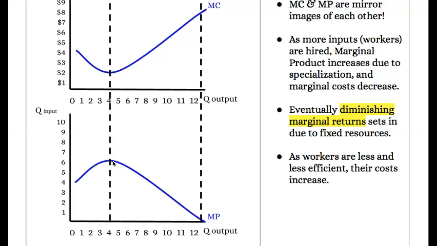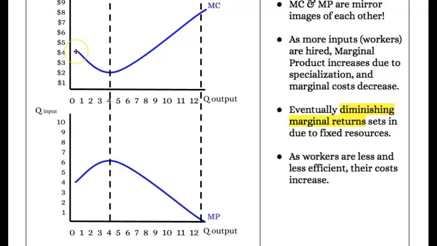So each additional worker is contributing less and less to total product, and this is where diminishing marginal return sets in. Through this area right here, we have diminishing marginal returns, where each additional worker is producing less and less output, but they're still producing total output, which we'll get to in a minute.